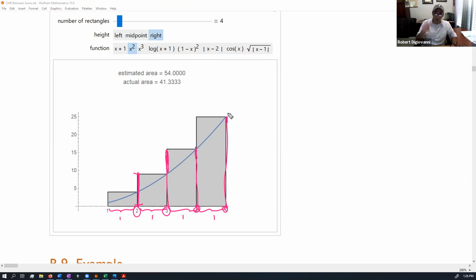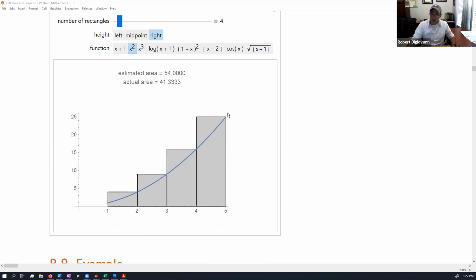So we had to plug in 4 points, didn't we? Into the function x squared. So if I do 40 rectangles, I'm going to have to plug in 40 points. If I do 100 rectangles, I'm going to have to plug in 100 points. And if I do an infinite number of rectangles, I'm going to have to plug in an infinite number of points. That's weird.